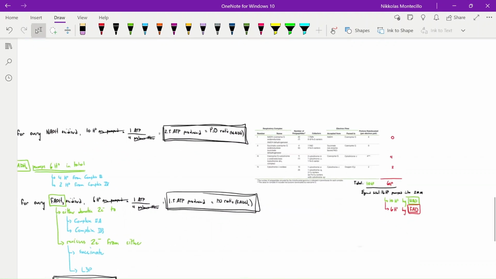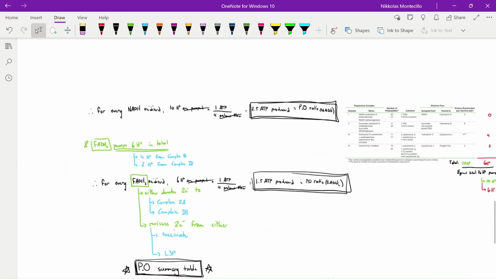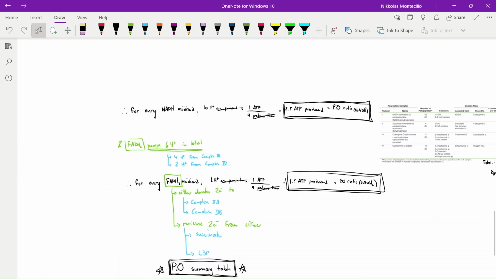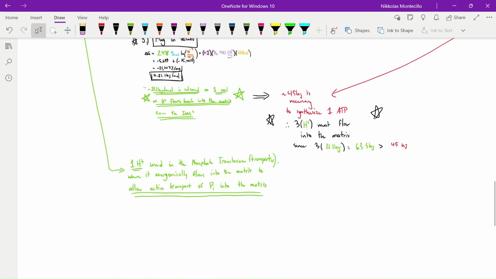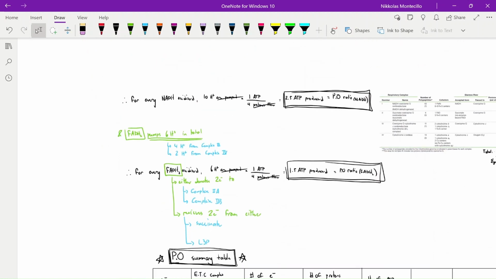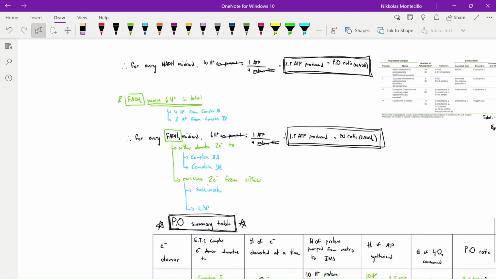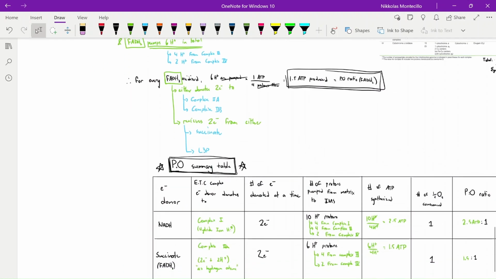So I just want to direct our attention to the last overall idea here. We want to take a look at several P/O ratios. So remember that there are 4 protons required to synthesize 1 ATP.